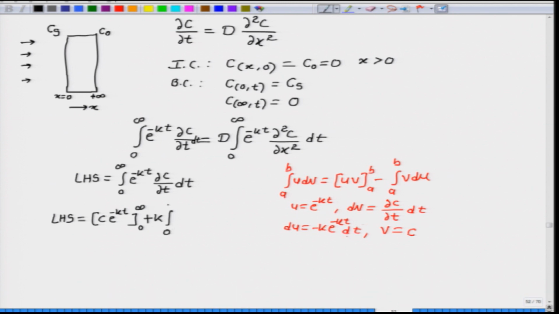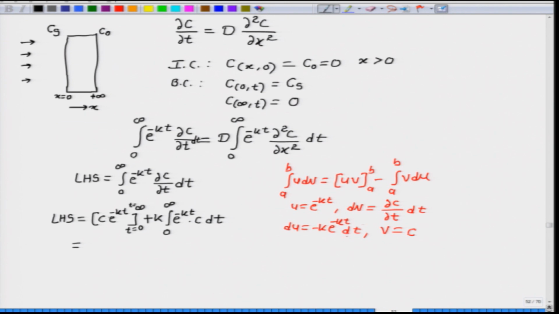So, k integral 0 to infinity e to power minus k t times c dt. Remember these limits are for time, so t equal to 0 to t equal to infinity. At t equal to infinity, e to power minus k t will be 0, and c at t equal to infinity obviously will have a finite value. In this case it is 0.